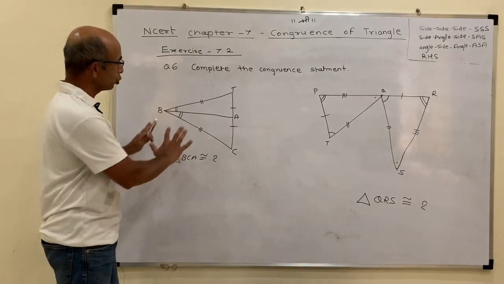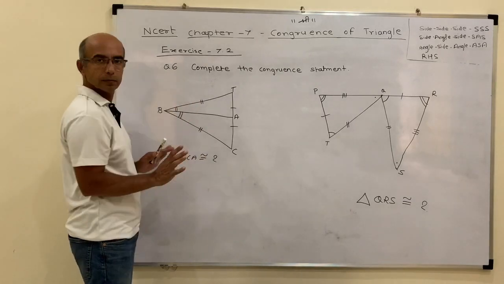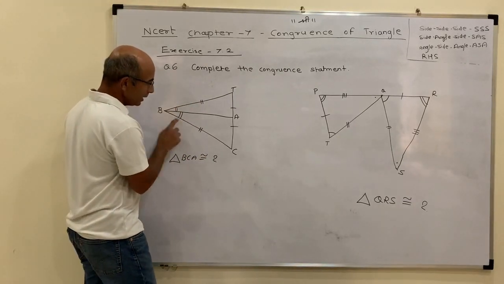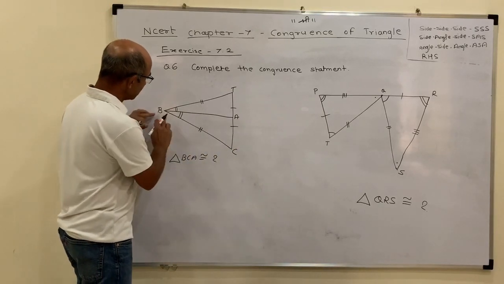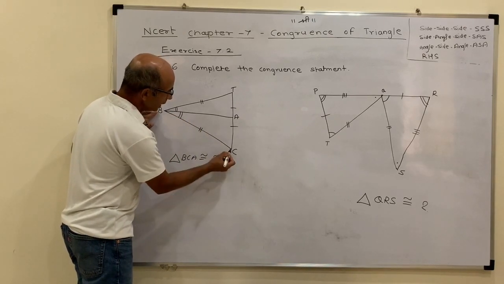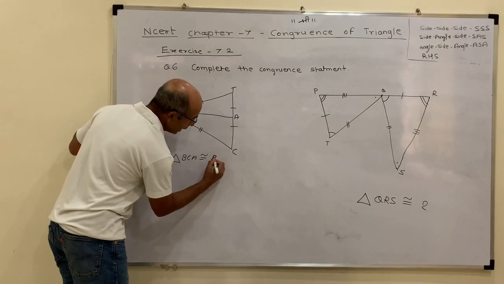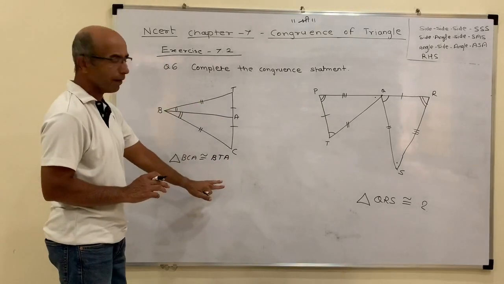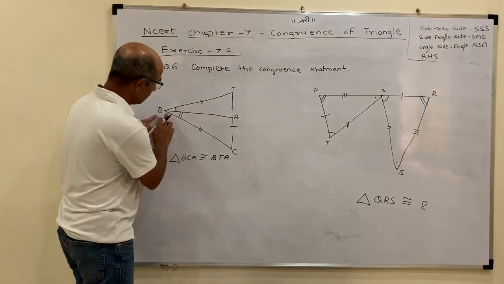We can even apply the rules here, side angle side. Now BCA. When I say BC, the BC side is equal to BT. So I say BTA. The A is the only leftover vertex.